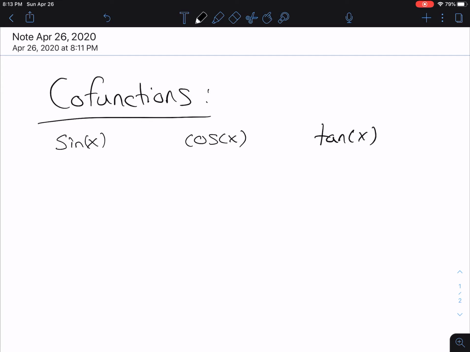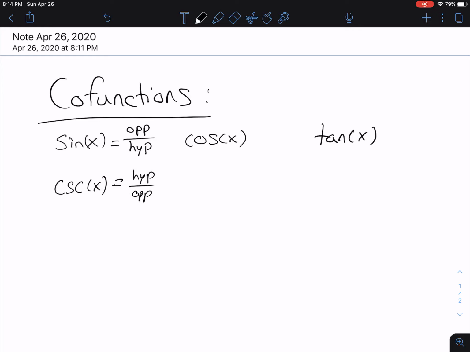Now I'm here to tell you that there are actually three other functions in trigonometry. So we have the inverse. What I mean by that is if sine of x is opposite over the hypotenuse, there's this function called cosecant, and that is hypotenuse over the opposite.